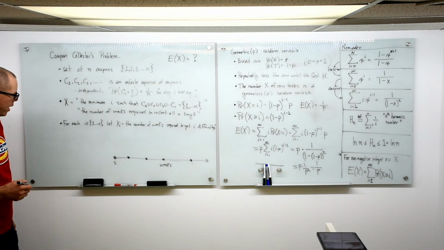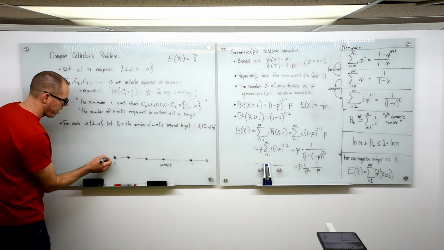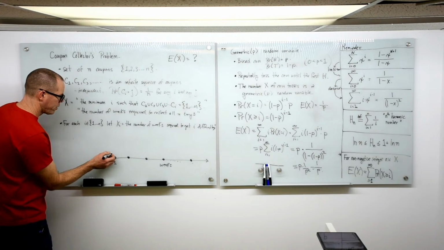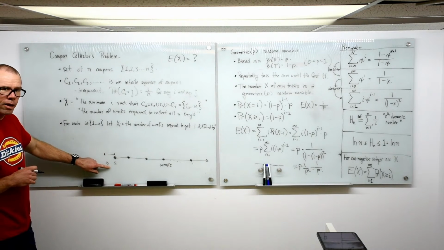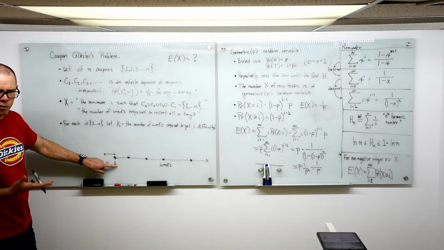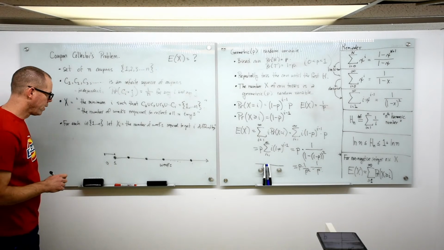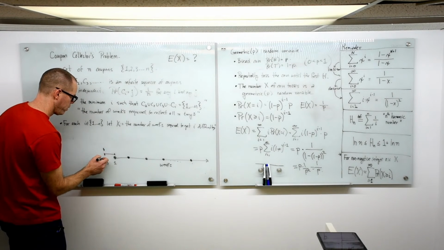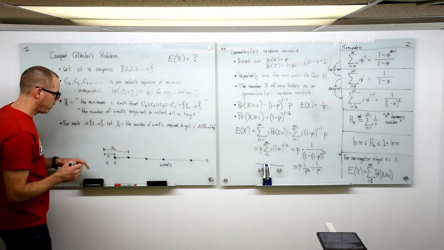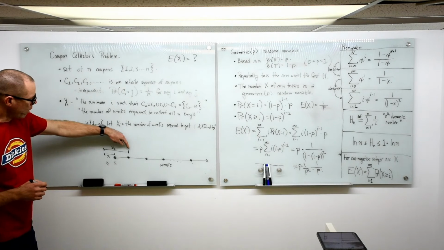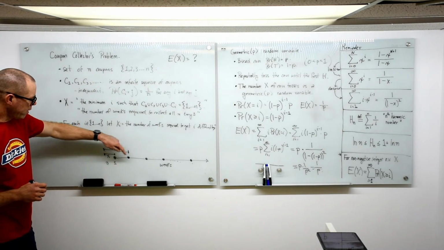And so what is xi then? Well, x1 is just this, right? So x1 is how many weeks did I have to wait till I got the first toy? Well, basically the first week is when it happened. So this thing here is what we'll call x1, and this thing here is what we call x2. It's how many weeks I had to go to the store until I got the second toy.